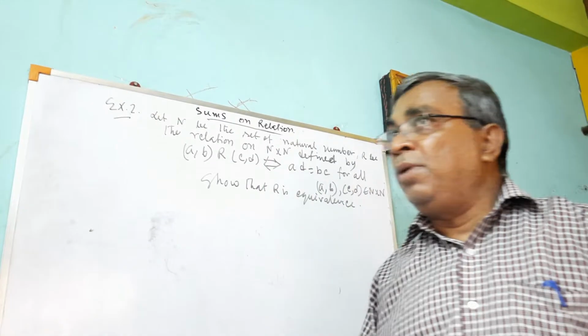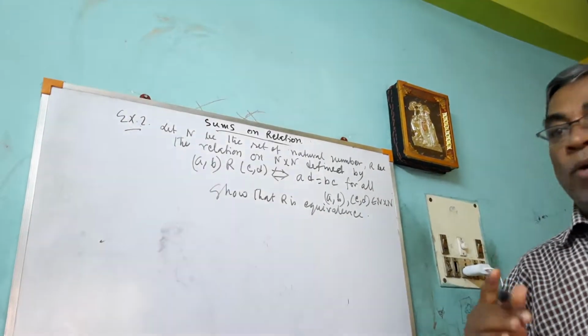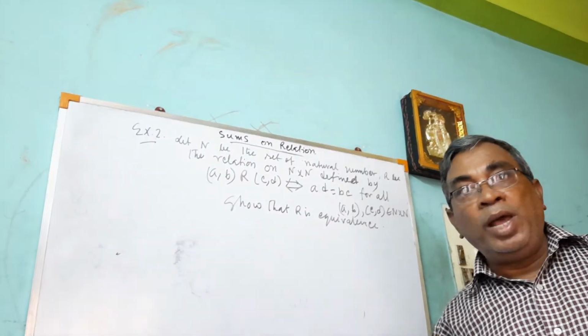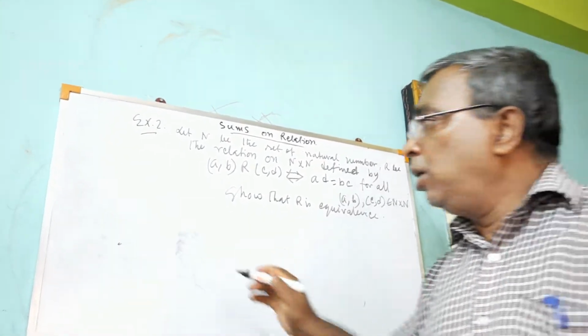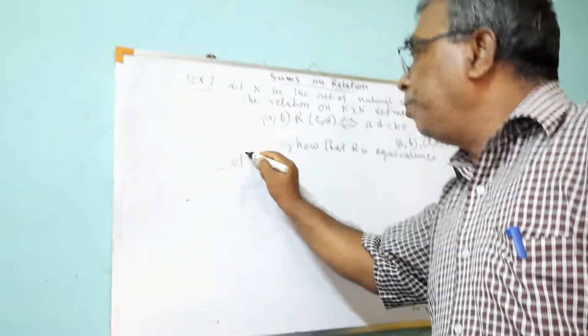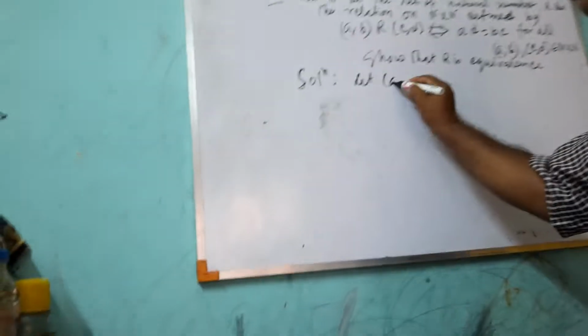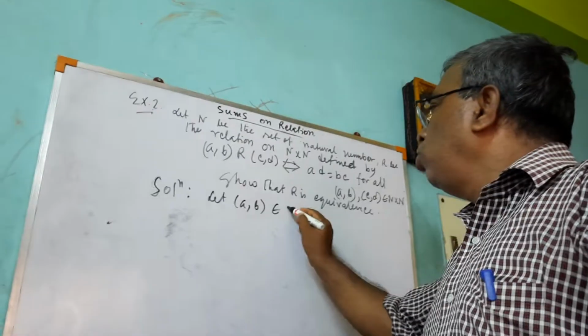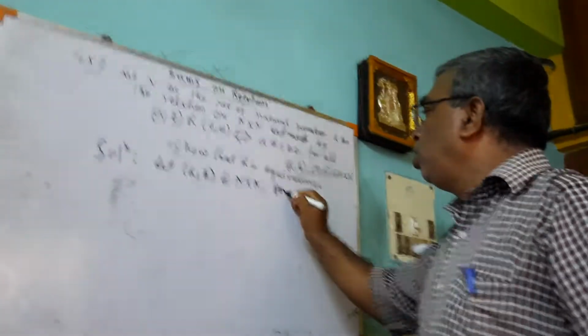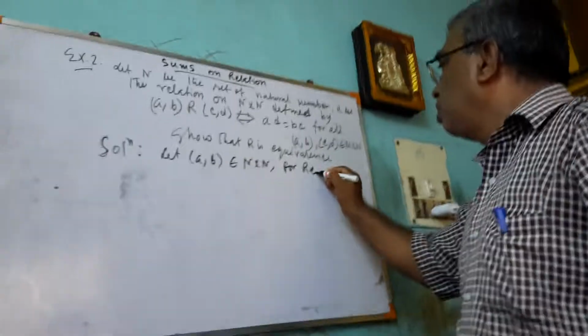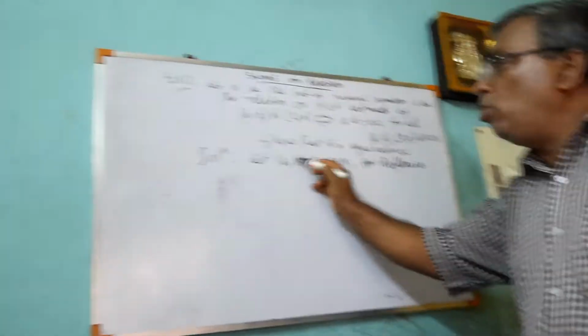For reflexive, we have to take one pair. For symmetric, we have to take two pairs. For transitive, we have to take three pairs. So let's start the solution. Let (a,b) belong to N cross N. For reflexive, we take only one pair, not AB and CD, only one pair.